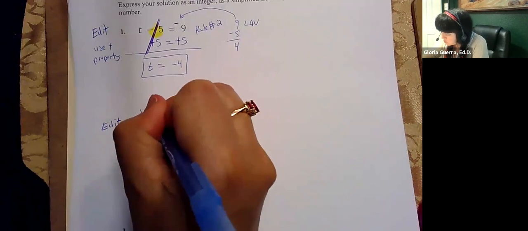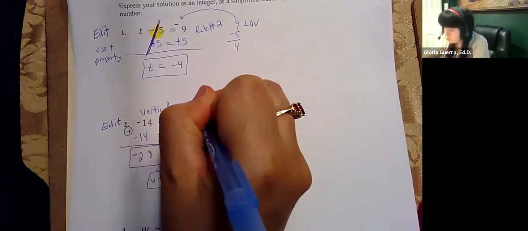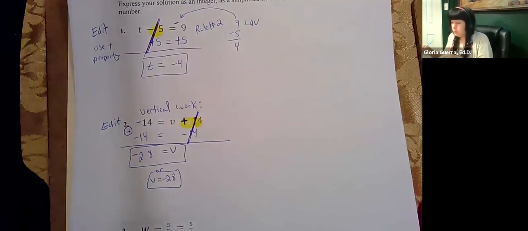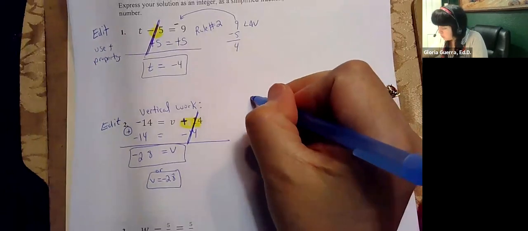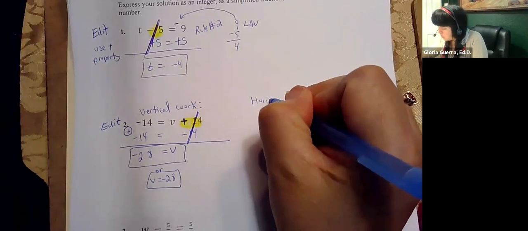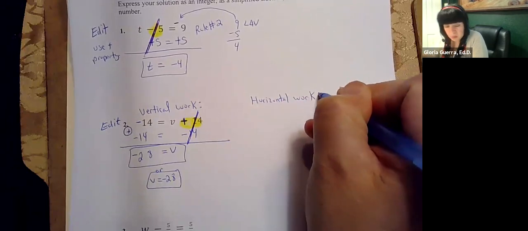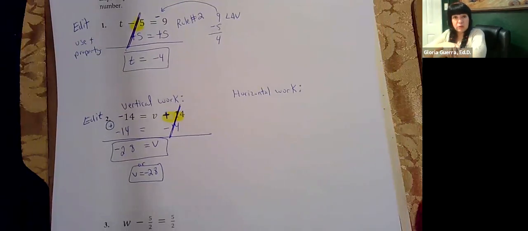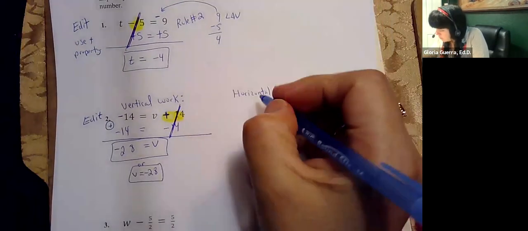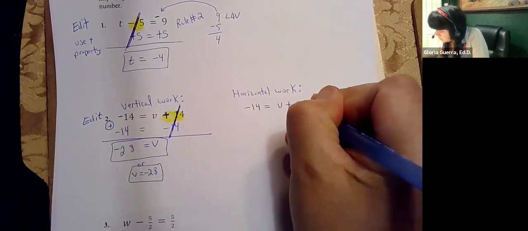Okay, what I also did was this is showing vertical work, showing your work up and down vertically, but you could also show your work horizontally, horizontal work. Okay, and I can show you that if I have -14 equals V plus 14.